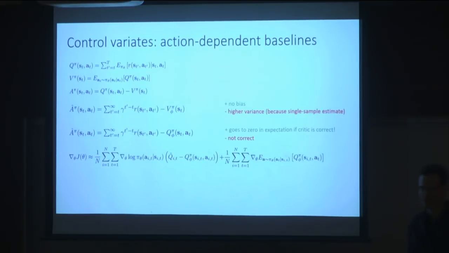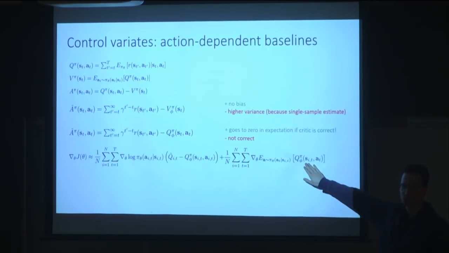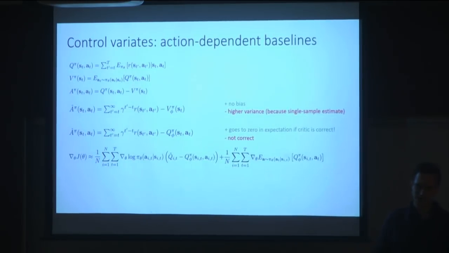Now, at this point, you might say, well, we just did something silly. We subtracted a number, and then we added it back in. So how can this possibly help? Well, remember that Q is a function approximator. If you choose Q such that the expectation of Q under pi has a convenient closed-form solution, then this second term might be a lot easier to evaluate than the first term.